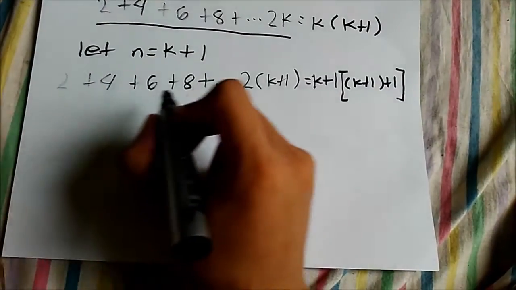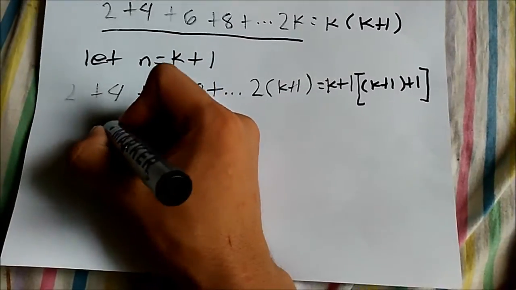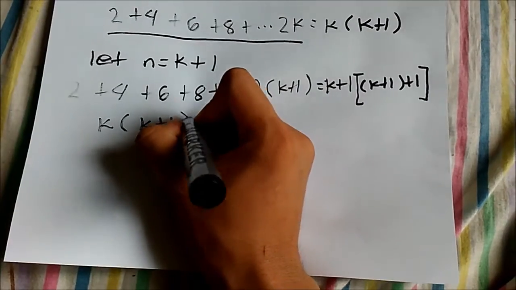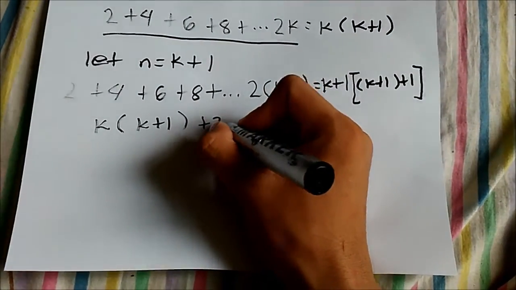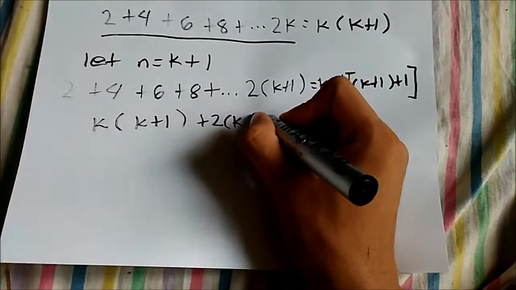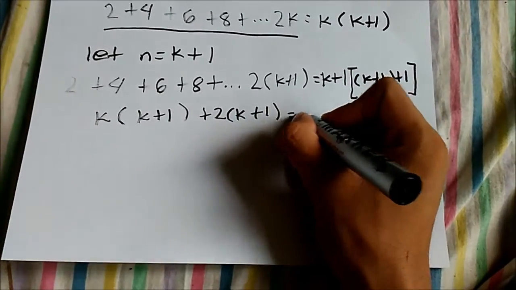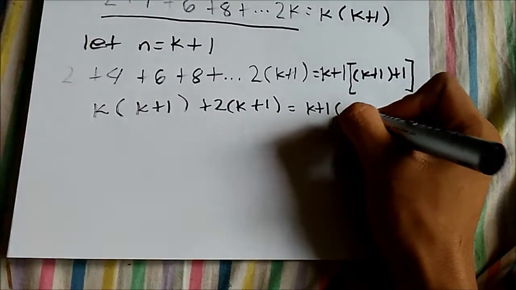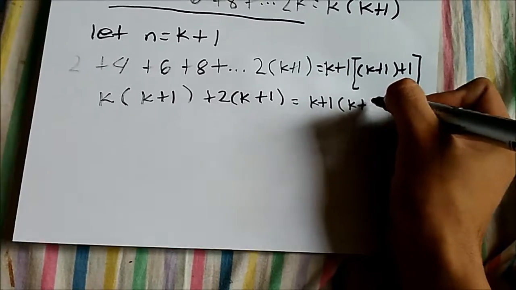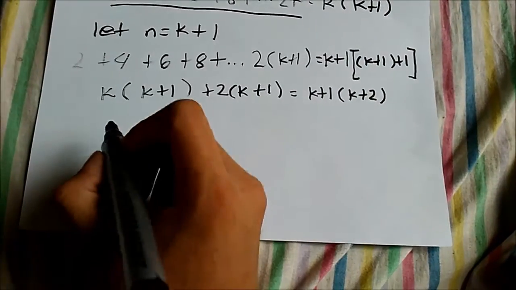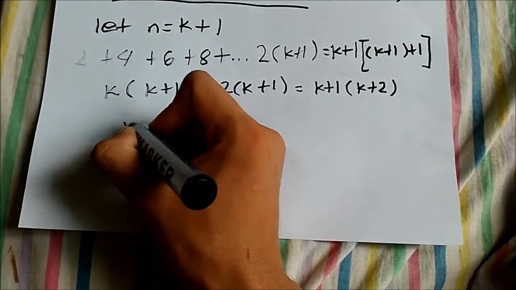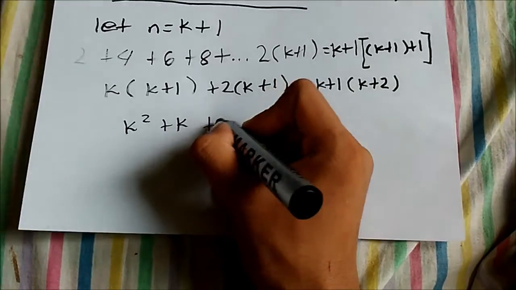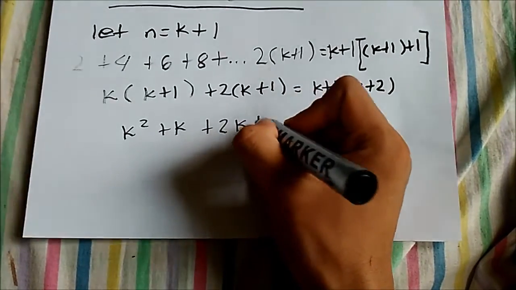So you're gonna replace it. K times k plus 1 plus 2 times k plus 1 is equal to k plus 1 times k plus 2. So simplify it. K times k is equal to k squared. Then k times 1 is equal to k. Plus 2 times k is equal to 2k. Then 2 times 1 is equal to 2.